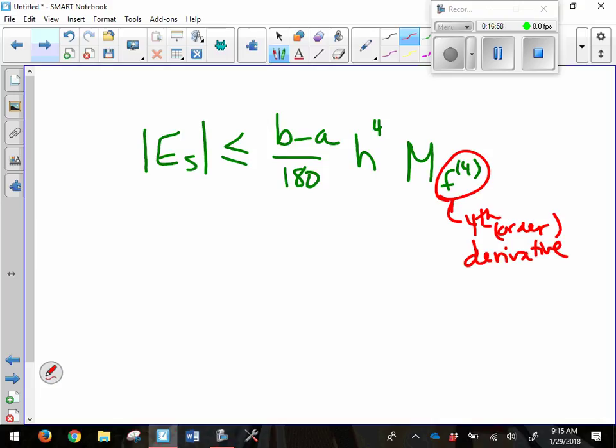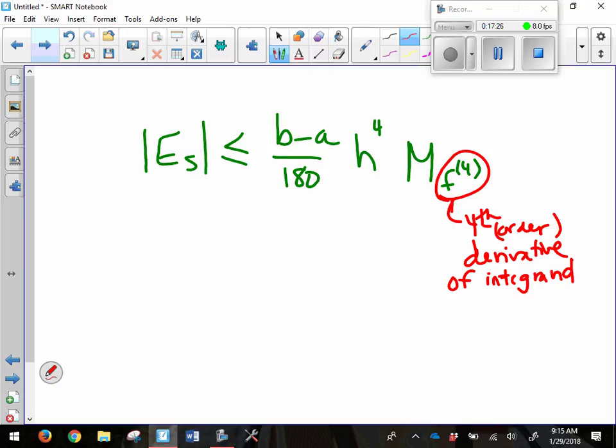Okay. So you know that. And it's the 4th derivative of the integrand. And again, at this point in our careers, we can take the derivative of anything. It might not be pretty, you might not like it, you might make mistakes, but you can certainly take the 4th derivative of anything because you are masters.